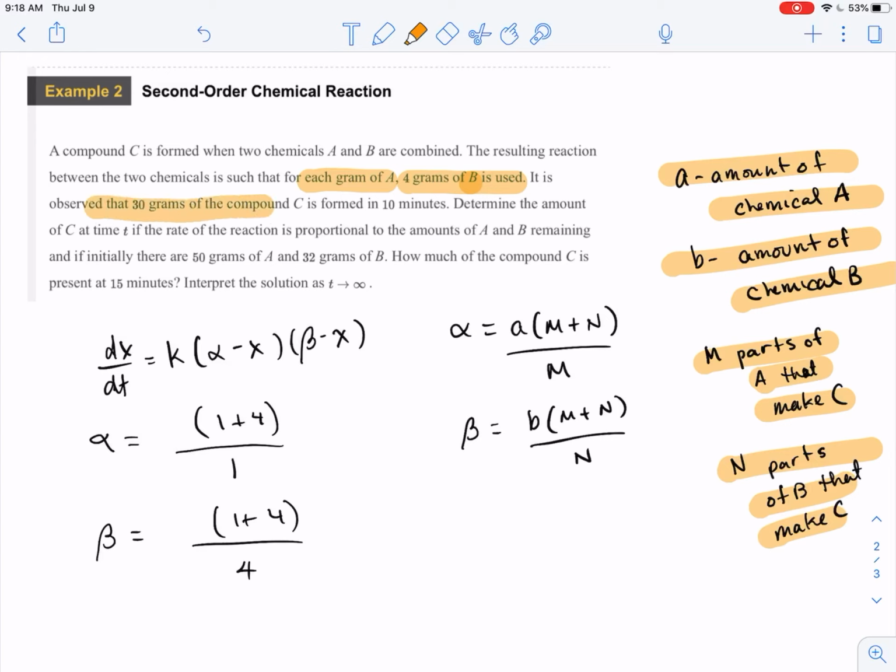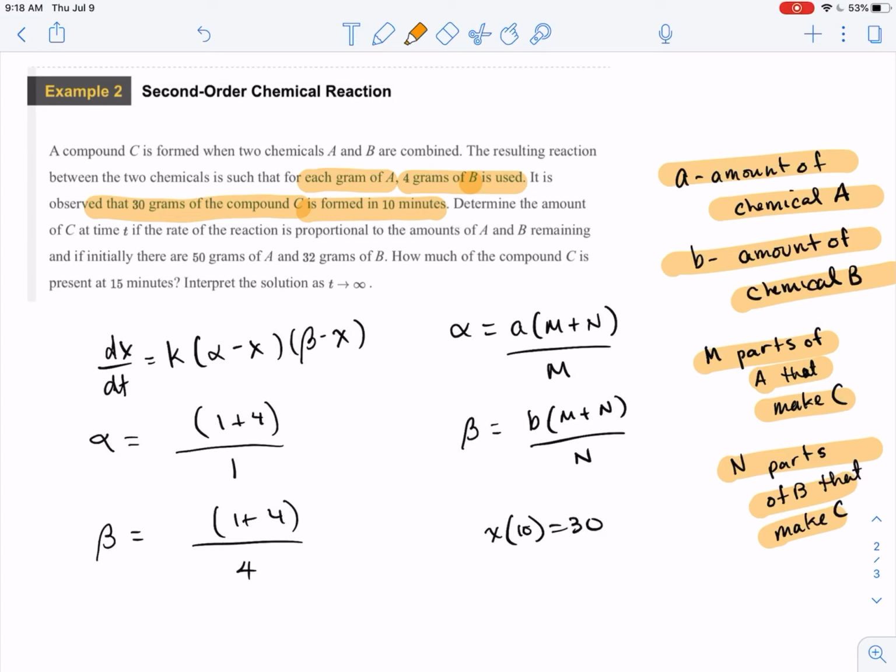As you read along, 30 grams of component C is formed in 10 minutes. We're going to use that later. So x of 10 is 30. Then we determine the amount of C at time t. The rate of the reaction is proportional to the amount of A and B remaining.